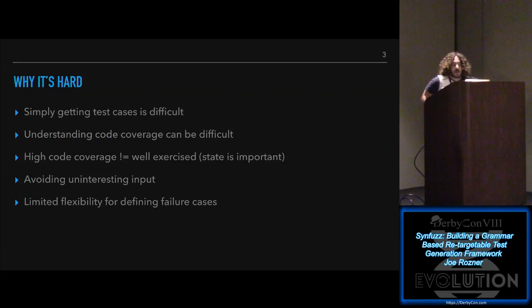And it's hard for a handful of reasons. The first being that simply getting your test cases is a really hard thing to do. If you've ever worked on software, you know that test cases are not always super common, and depending on how strict your team is, you may or may not have good test coverage. If you're in open source, you have the benefit of getting access to the actual test cases, if they exist.